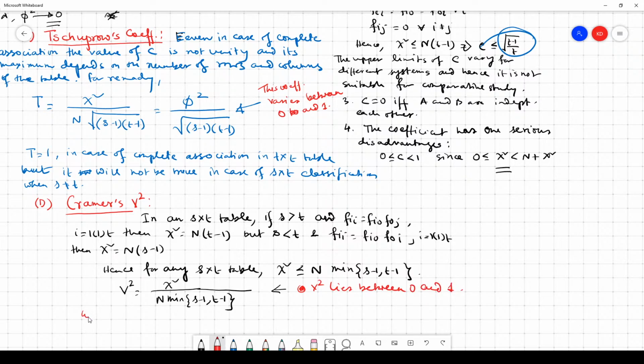When s is equal to t equal to 2, then V square equal to chi square by capital N, which is equal to phi square.